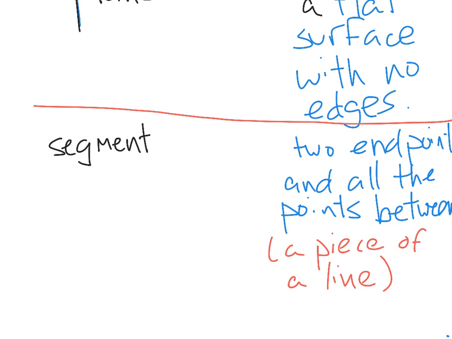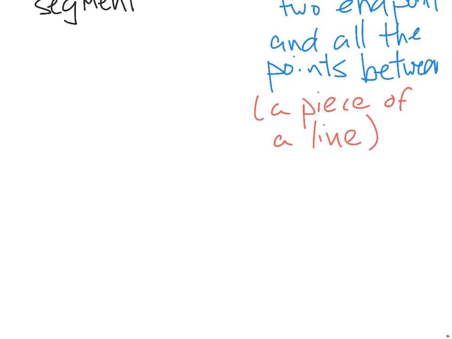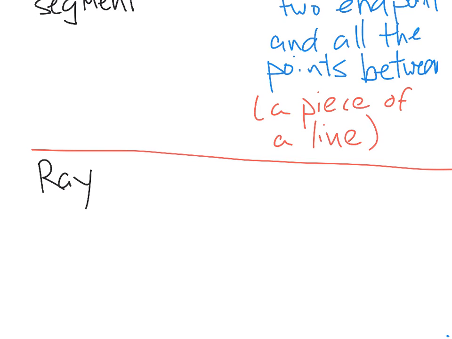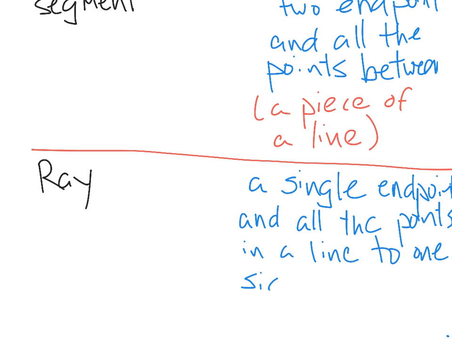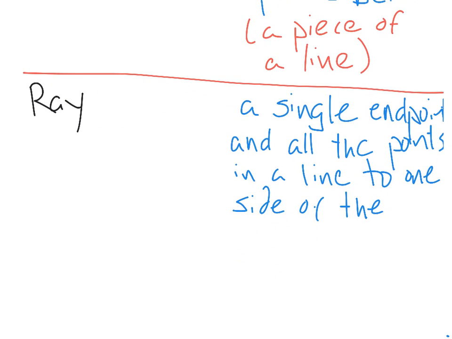Alright, next we've got a ray. A ray is a single endpoint and all the points in a line to one side of the endpoint.